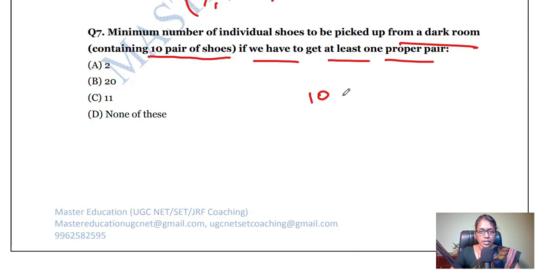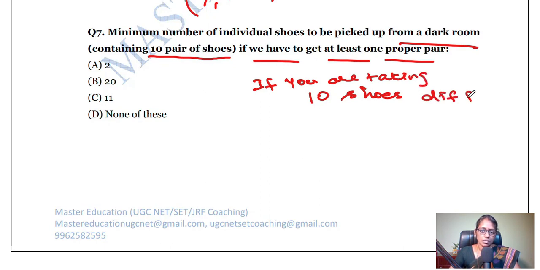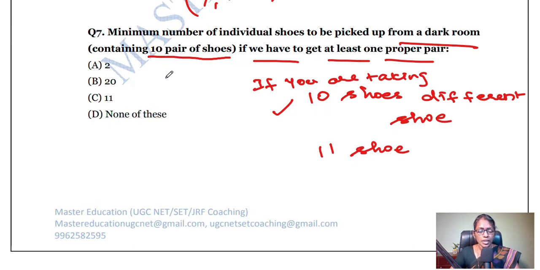So after taking 10 different shoes, if you are taking the 11th shoe, that must be matched with any one of these 10, right? If you are taking 10 shoes from the dark room, the 10 shoes may be different ones. But the 11th shoe must match one of those 10 shoes because it consists of only 10 pairs of shoes.